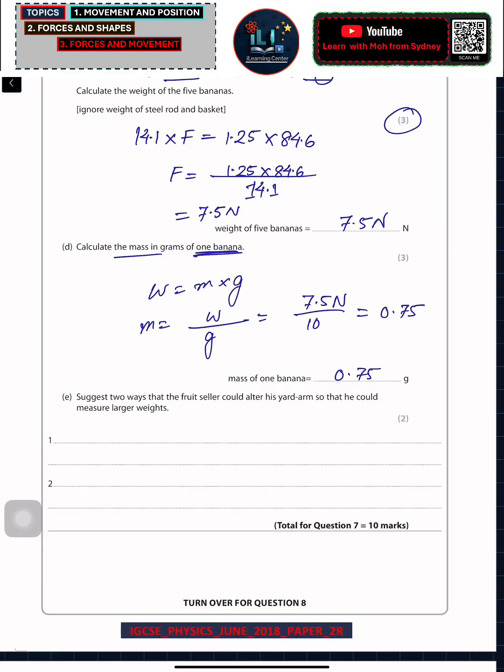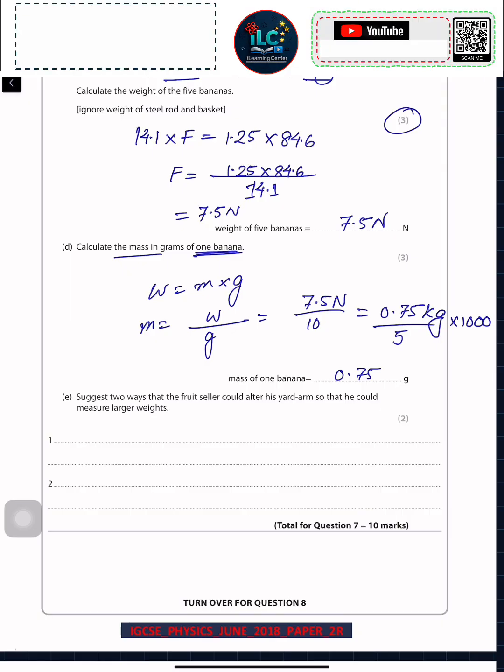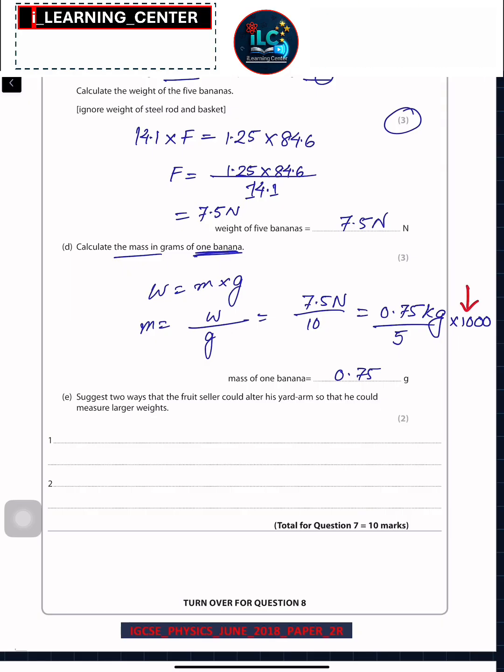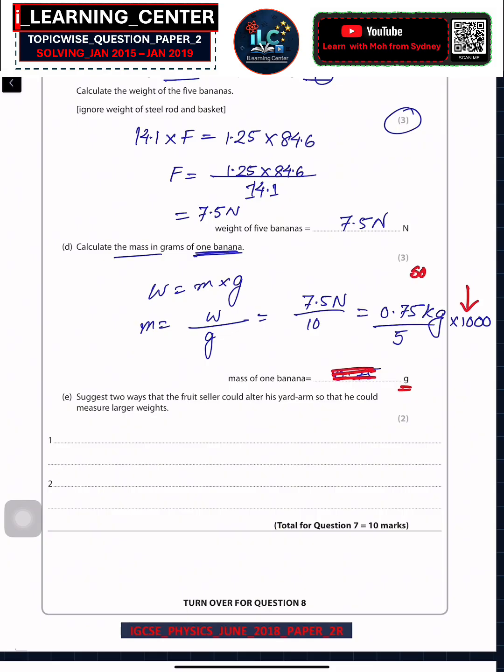You have 5 here and this is in kg. So I want to divide it by 5 and multiply it by 1000. So I'm just gonna quickly mention why 1000. The answer is in gram. So this is incorrect. The correct answer is 150 grams.